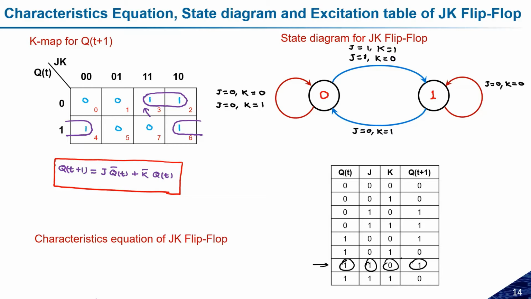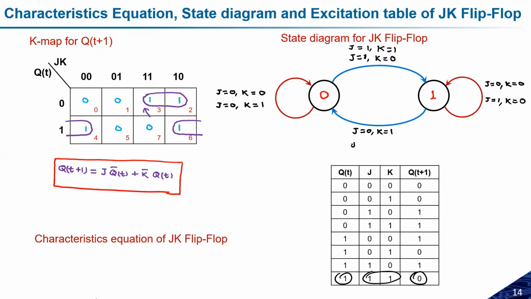So it is maintaining the same case, but j is equal to 1 and k is equal to 0. And if you talk about the last case, if the qt is equal to 0, it is changing from 1 to 0 for this 1 1 case.